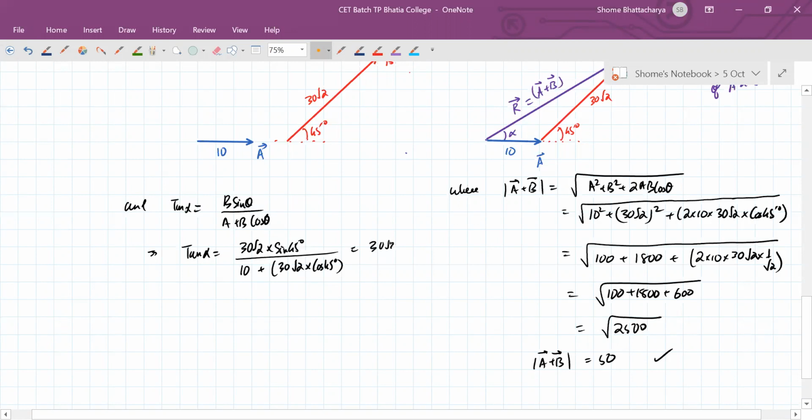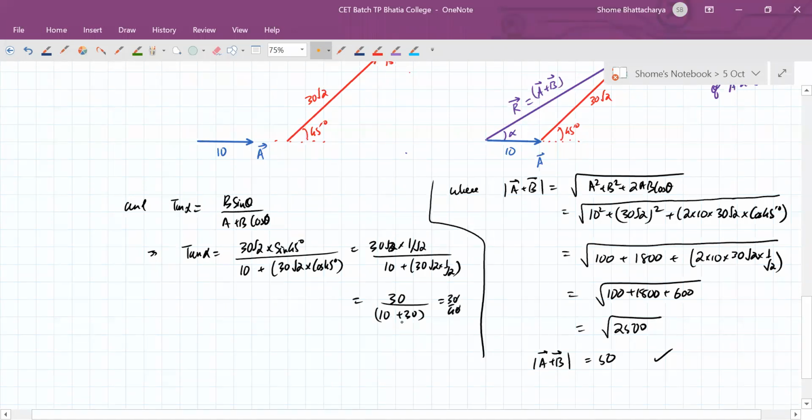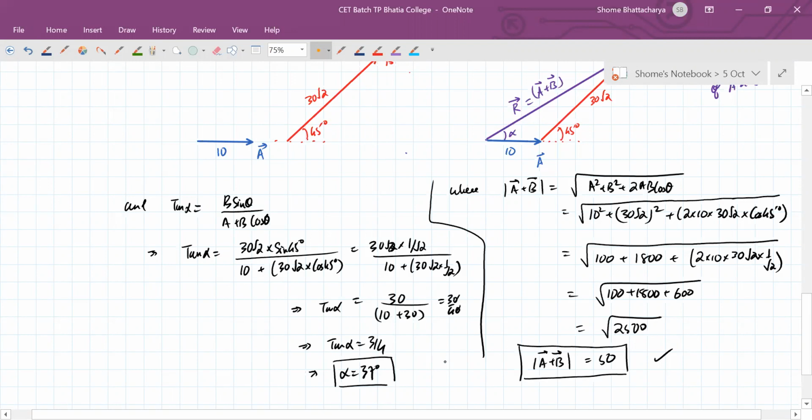So that, as you can see, is 30 root 2 into 1 by root 2 upon 10 plus 30 root 2 into 1 by root 2. So once again the numerator becomes 30, the denominator becomes 10 plus 30. And we have seen last time that tan alpha is 3 by 4 implies that alpha is 37 degrees. So that solves the second and third part.